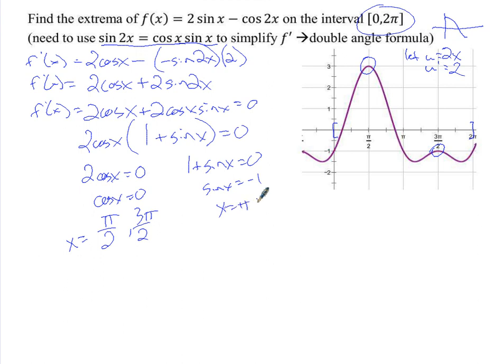Take a look at the graph. Is that right? No. It's not pi. Pi over 2, sine is at 1, so it's what? No.